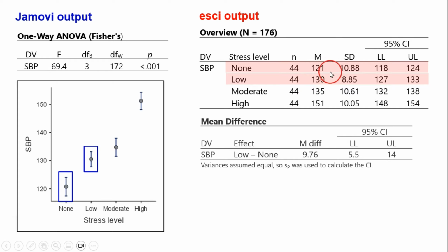If you look at the table up here, and again, this is rounded, we take that 130 and the 121, we've taken the difference between the means for those two groups, and we get a value of 9.76. And then the confidence interval for this difference is located right over here on the right.